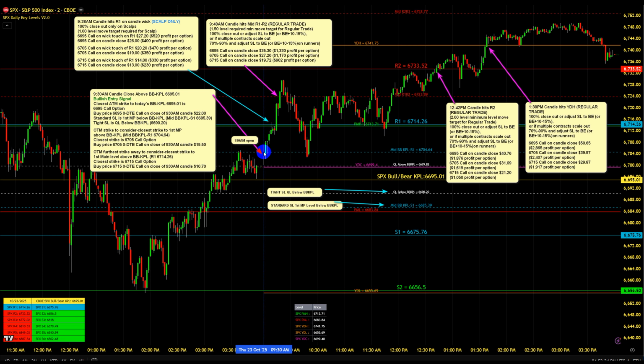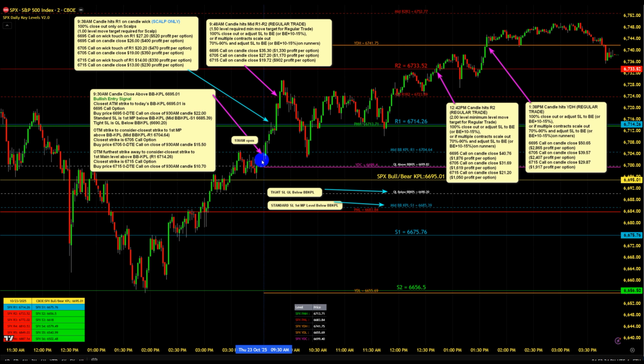Why are you buying on the candle close and not just buying when it opens, since it opened above? Well, that's because we don't know if it's going to close above or below. So it's best to wait for the candle close to then make the decision of whether you're going to be entering the trade.